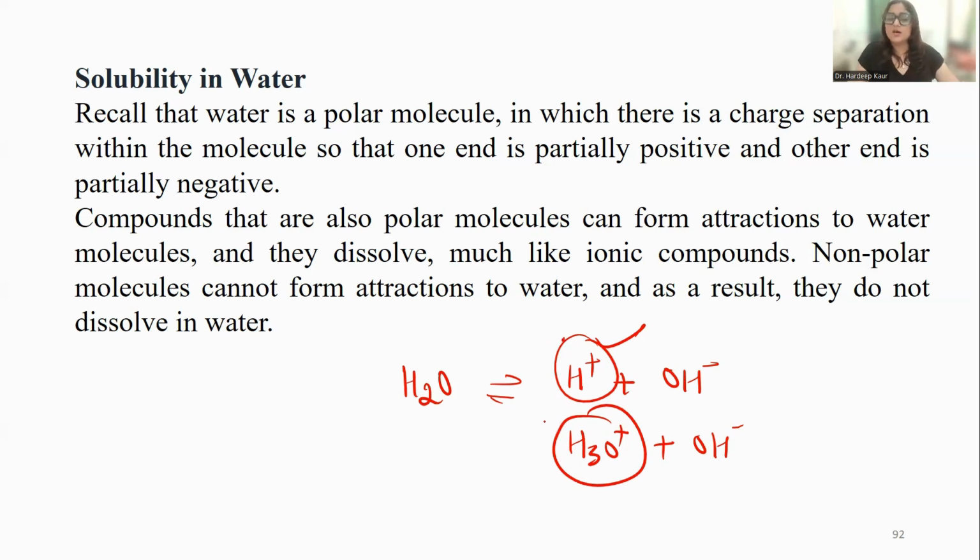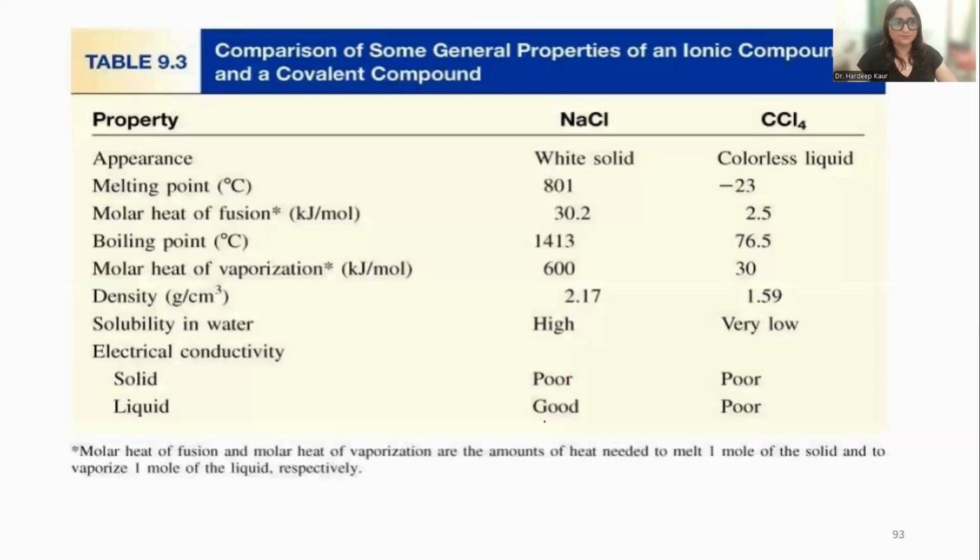There is a charge separation within the molecule, so one end is partially positive and the other end is partially negative. Compounds that are also polar can form interactions with water molecules, and they dissolve much like ionic compounds. Non-polar molecules cannot form any interaction with water, so they do not dissolve in water.